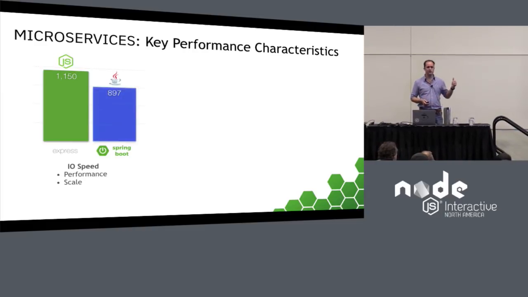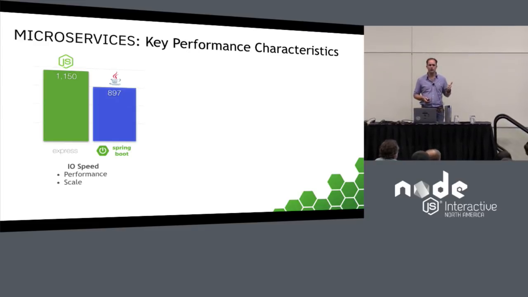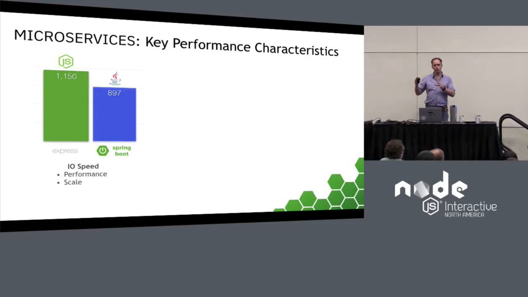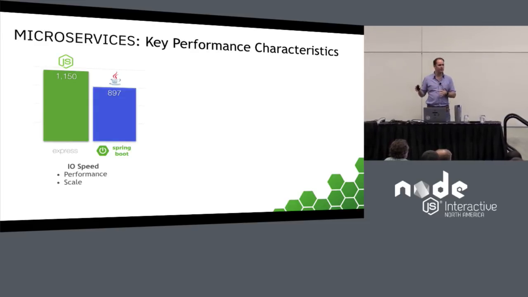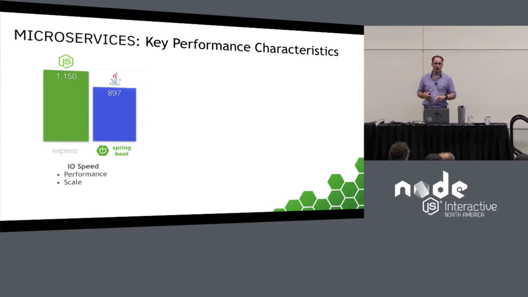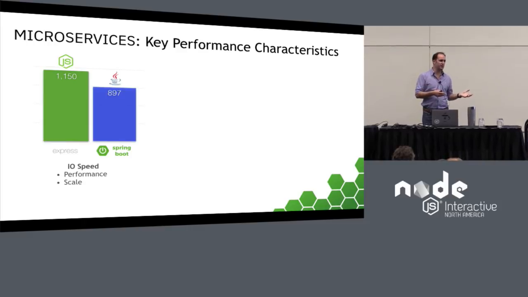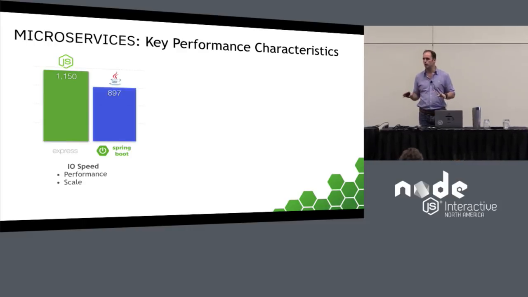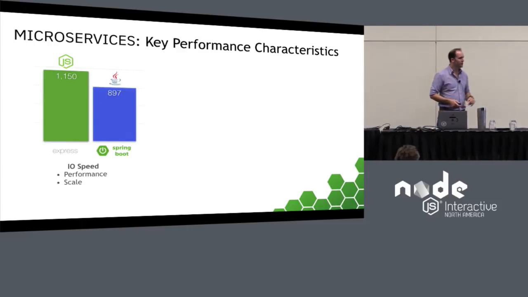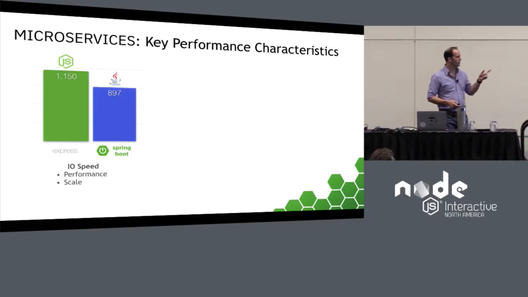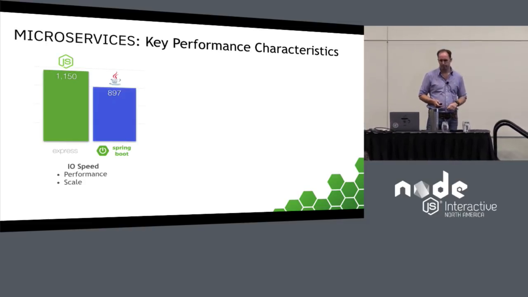So for this I/O-based benchmark, Express is actually faster than Spring Boot Java. Now, actually, if you move to really highly computational tasks, things that use a lot of CPU, Java tends to be faster. But you don't do highly CPU-based workloads in Node.js because that blocks the event loop, and we all know we shouldn't block the event loop. So for I/O-based workloads, Node.js is actually faster than Java.